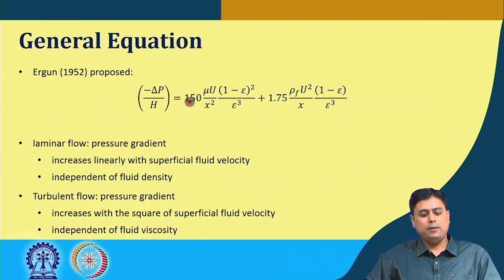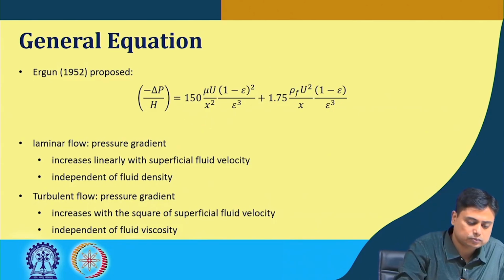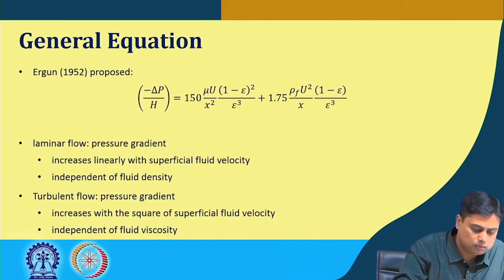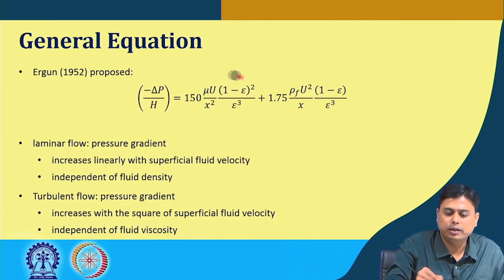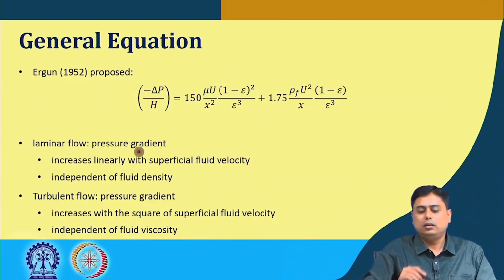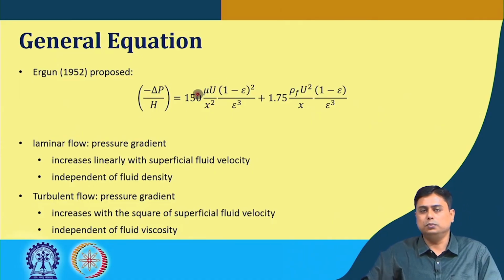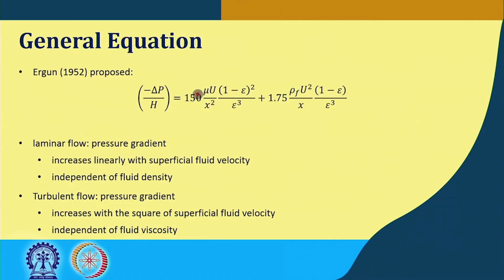In case of laminar flow, when this first part is dominant, the pressure gradient increases linearly with the superficial velocity u. The del p by h is proportional to u.